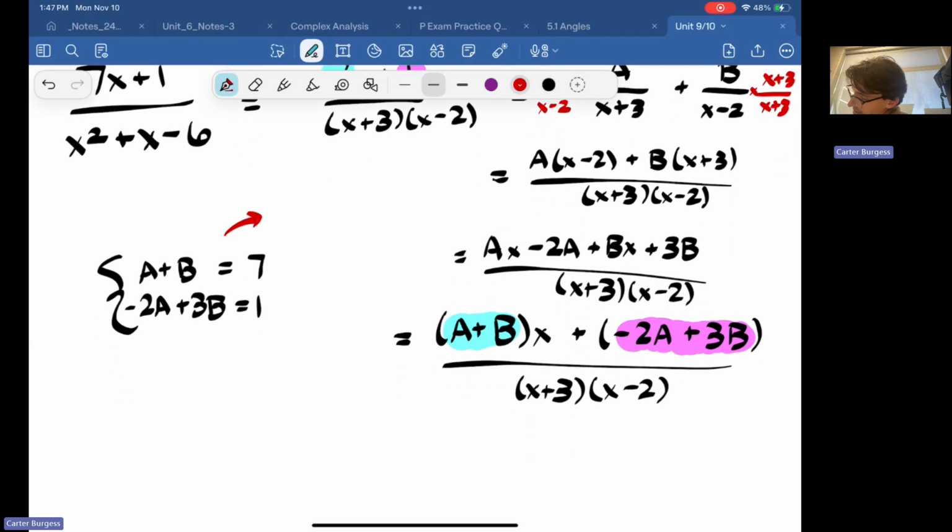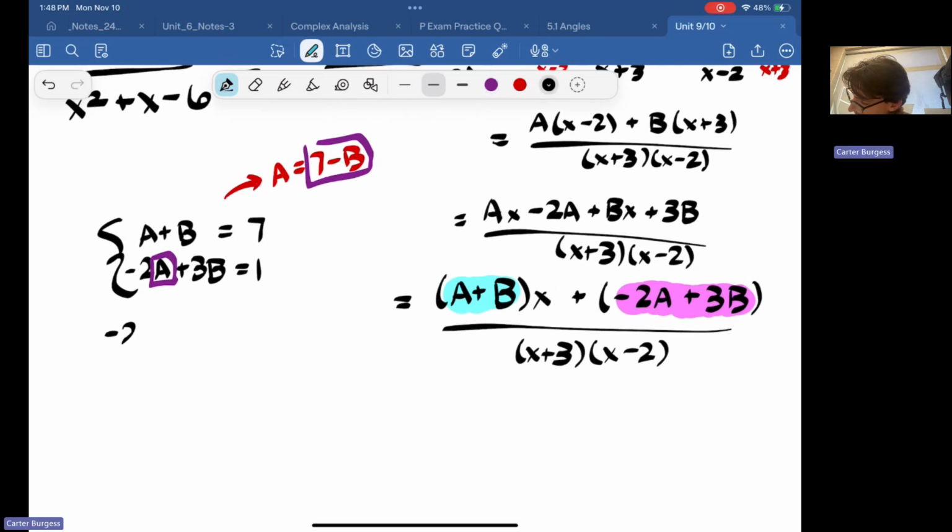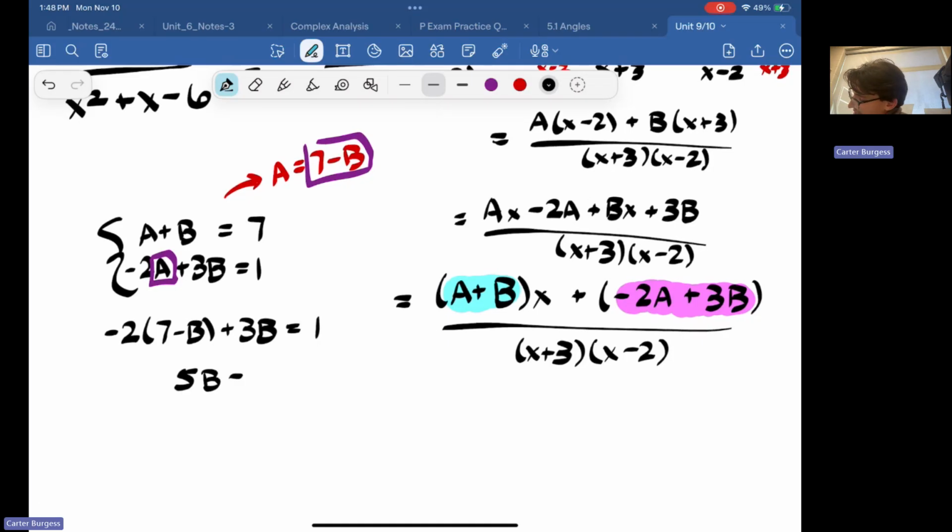So this is a equals 7 minus b, which we can then plug in here. So I get negative 2 times 7 minus b plus 3b is equal to 1. Distributing, and I'm going to combine like terms and move everything over. I get that 5b should be equal to 15, which gives me that b is 3 and a is 4.